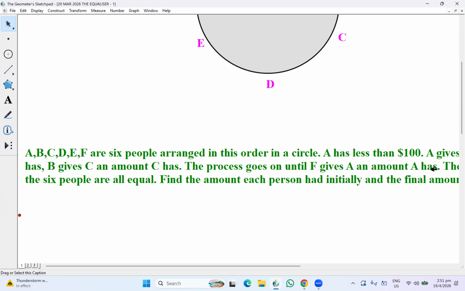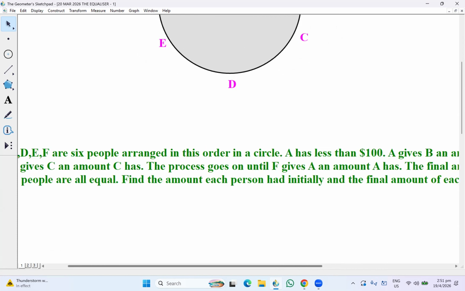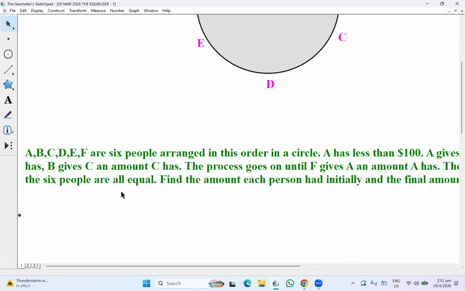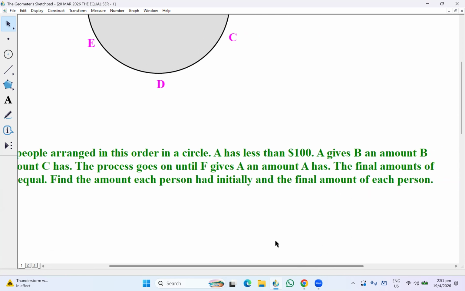Of course, A now has less, he gave to B already. So give it an amount A has. Then the final amounts of all the 6 people are equal. Equalized already. Find the amount each person had initially and the final amount of each person.